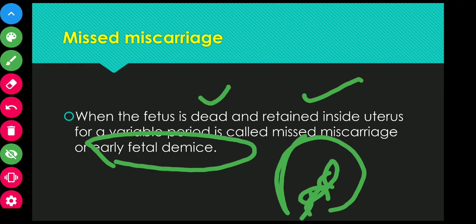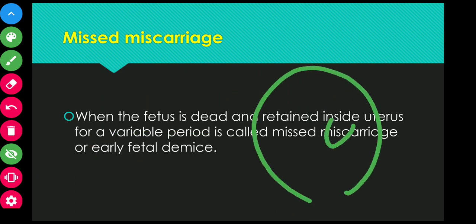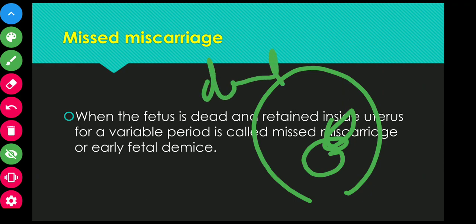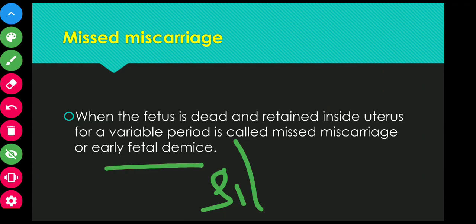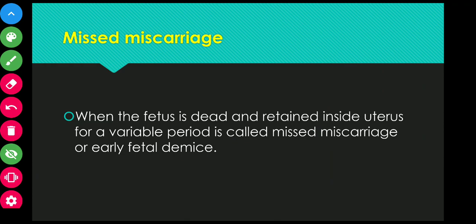Conception material will come out, some will be retained inside the uterus. But here in the missed, what happened? The total fetus will be dead and will be inside for a variable period. So that is called missed miscarriage or early fetal demise, or you can call it silent miscarriage. This is about the definition.